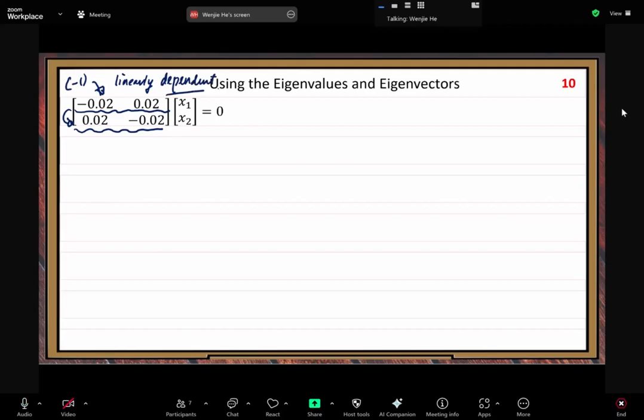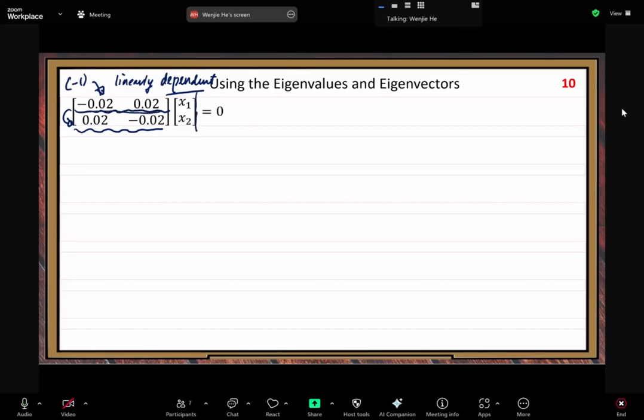So here you work on two linear equations, right? But these two linear equations, their coefficient vectors, are linearly dependent. What does that property tell us? That property tells us you only need to solve the first linear equation.